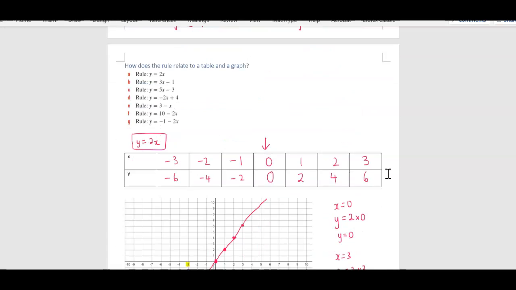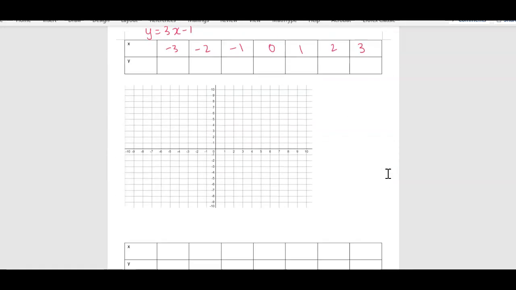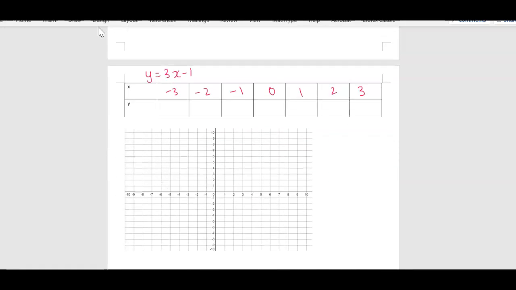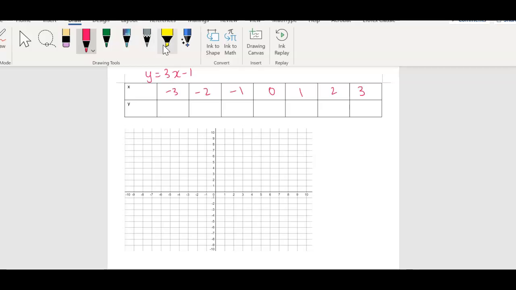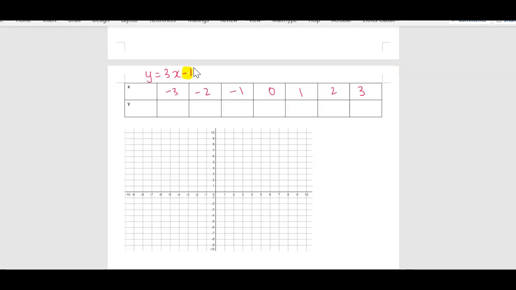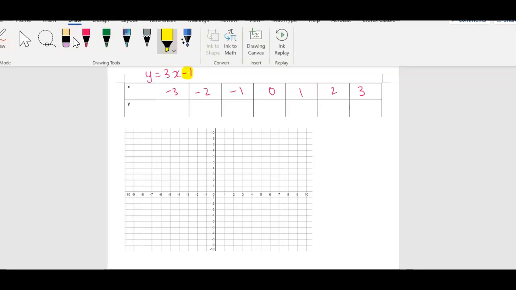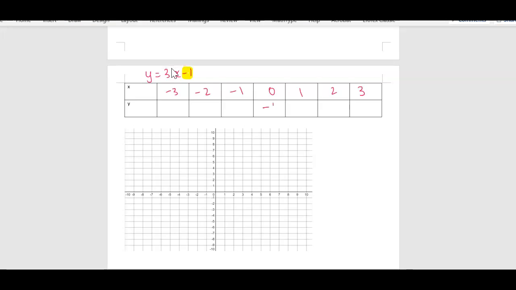It's the constant value. So if you can recognize what the constant is, so remember the definition of a constant is a number on its own, which in this case is -1. That means that's going to be -1. You can keep doing this if you want to.